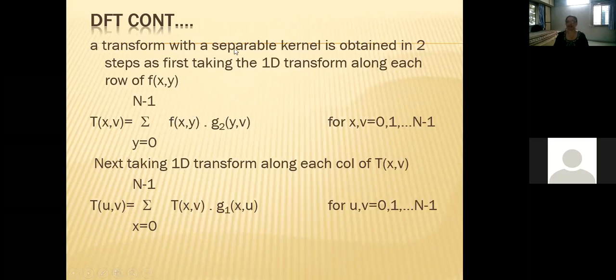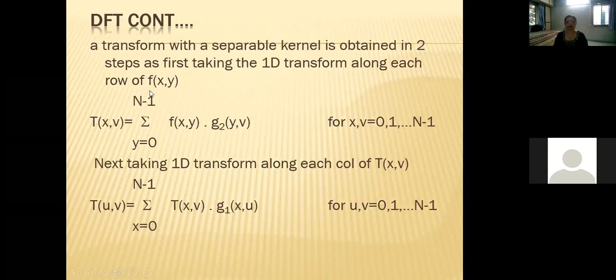So because of separability and symmetry, we can compute the two-dimensional transform by applying the one-dimensional transform twice, once along rows, and then along columns of the partial result. And then we get the complete transform T(u,v).